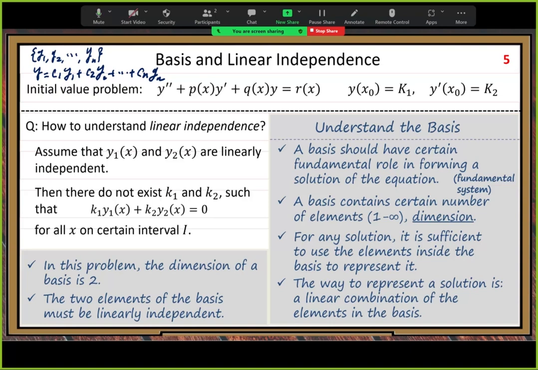The formal name we call is domain. The y value has some range, and the x value we call the domain of the variable. It's some interval. All right, next.